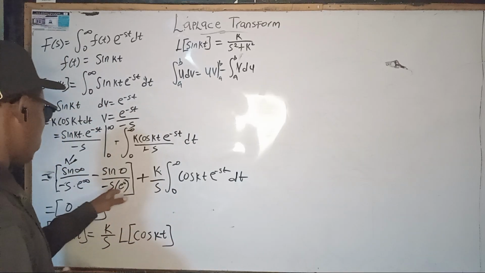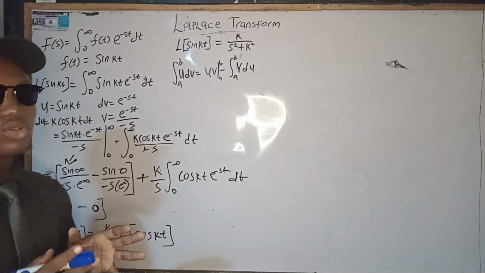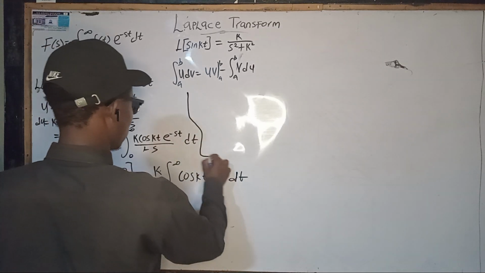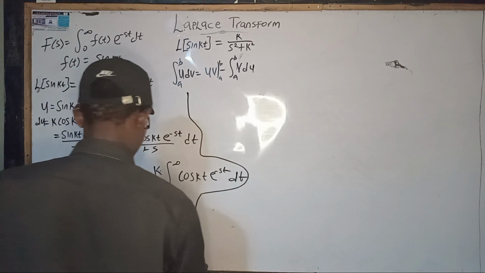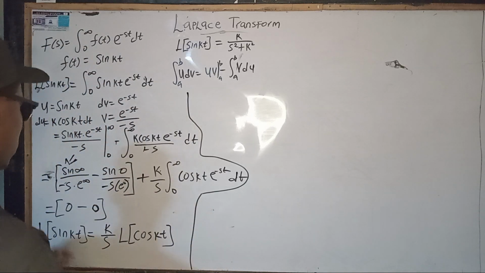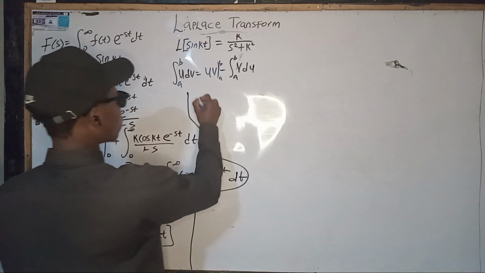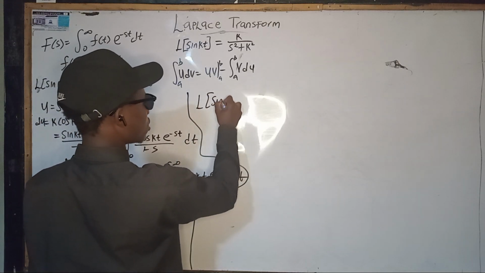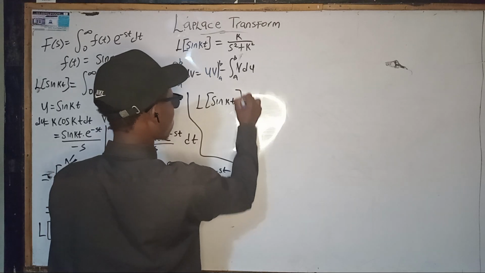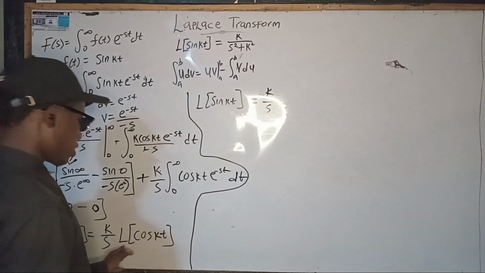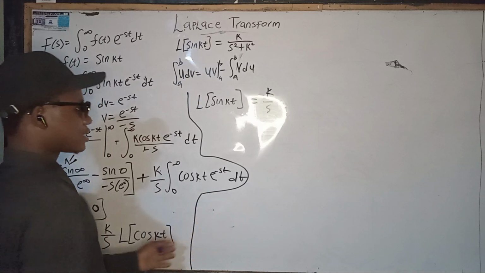Here we are going to continue integrating because we are trying to do some type of factorization. So the Laplace transform of sine kt equals k over s times the Laplace transform of cos kt.